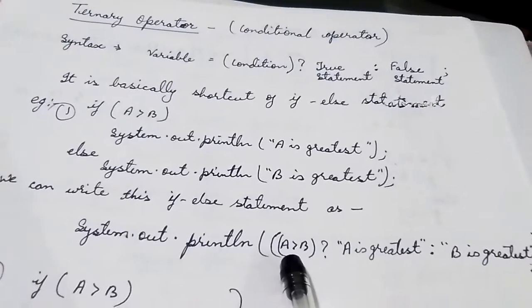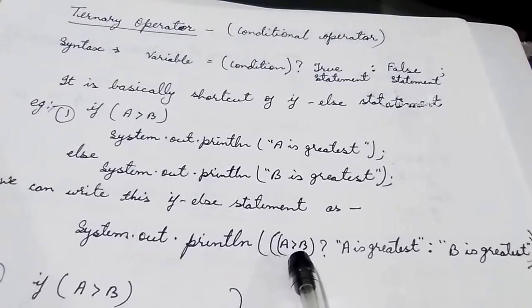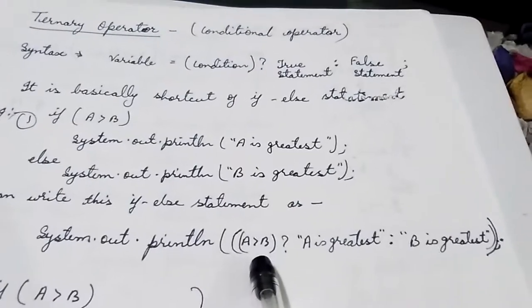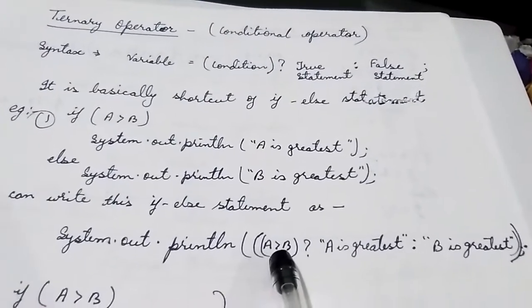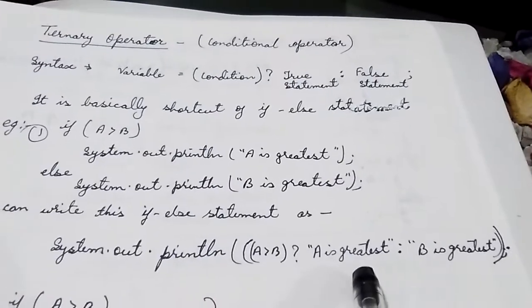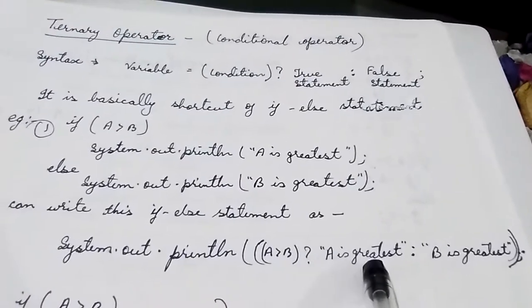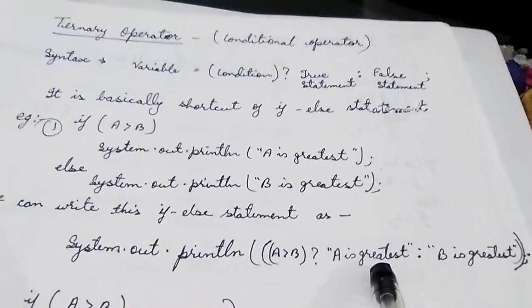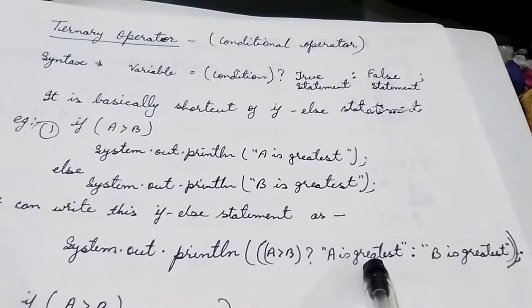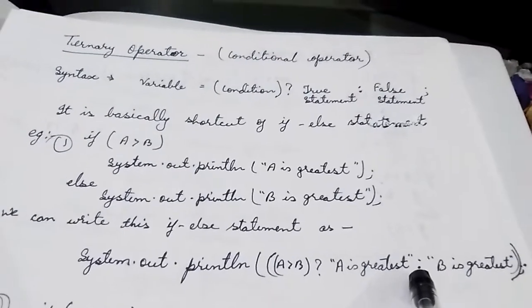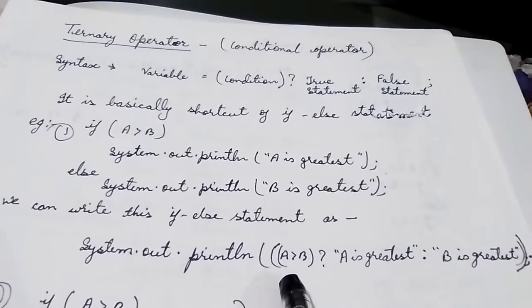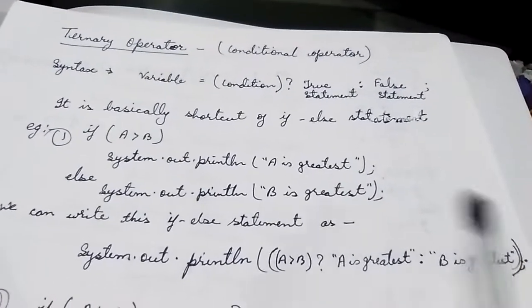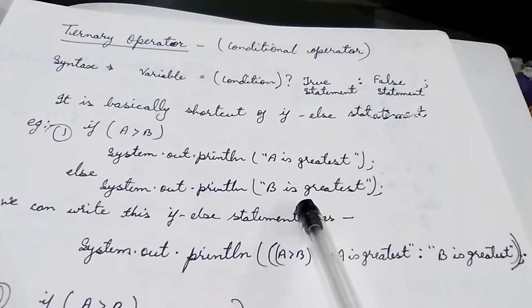Now another parenthesis pair to enclose the condition. So we write A is greater than B. If this returns true, then we print the statement A is greatest inside double quotes as it is a string. Colon indicates the false part. If this returns false, then B is greatest.